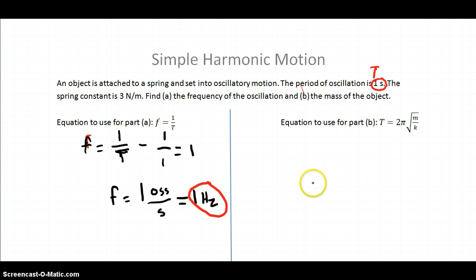So let's go ahead and start doing this. Again, the period is given by this time here. The spring constant is given over here, and it's noted by this 3 Newton per meters. So that'll be our spring constant. And the thing that we're actually looking for is this mass right here. So this right here will be the variable.